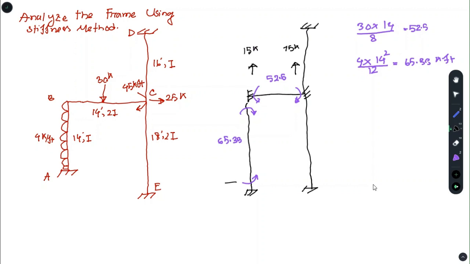Here we'll get a reaction upward, and the reaction will be 4 multiplied by 14 divided by 2, so it will be 28.